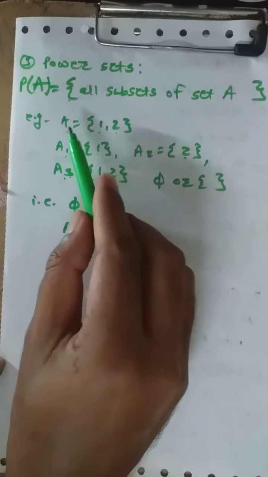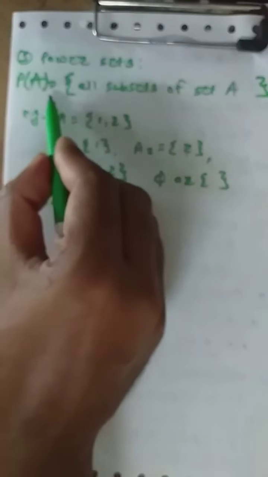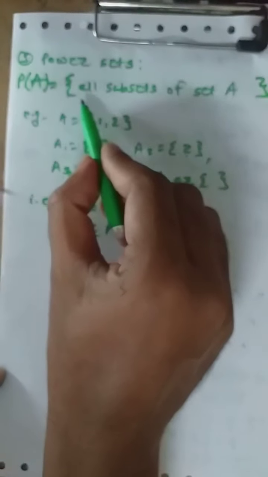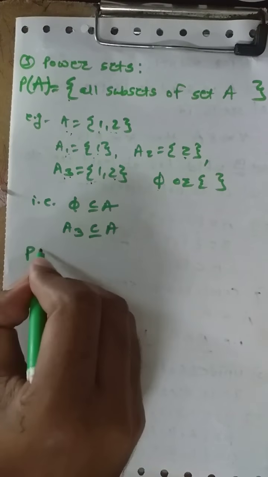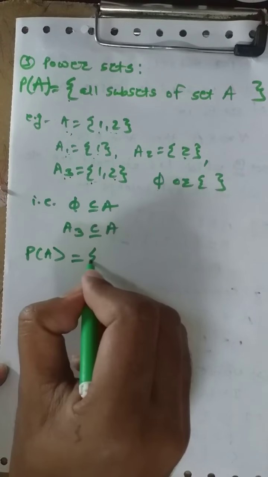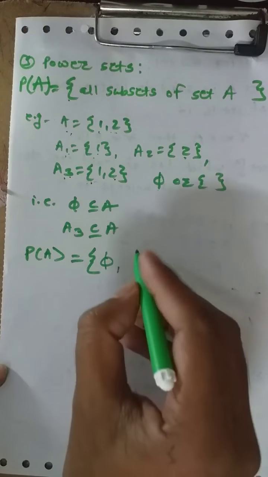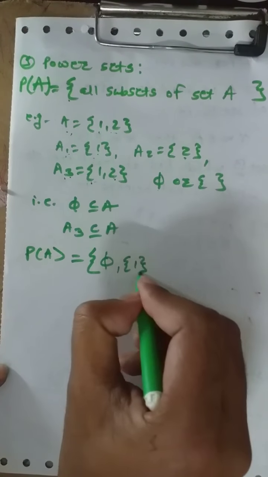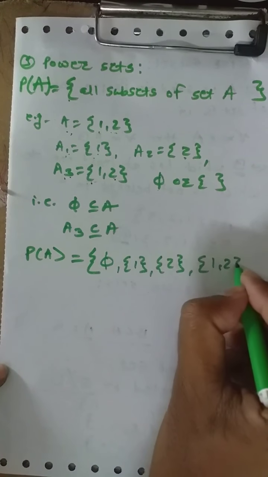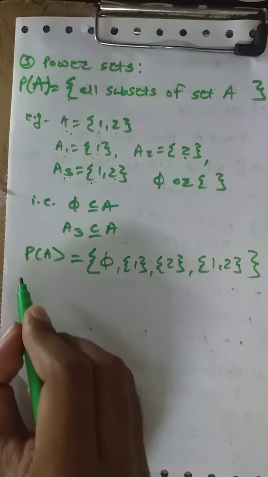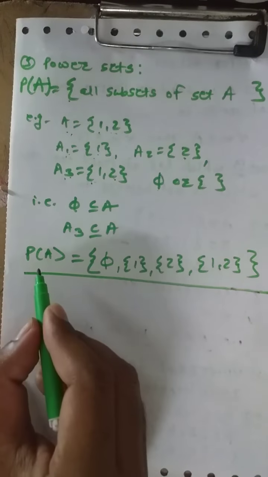By definition, the power set is the collection of all subsets of set A. So P of A is equal to the empty set, {1}, {2}, and {1, 2}. This is the power set of A.